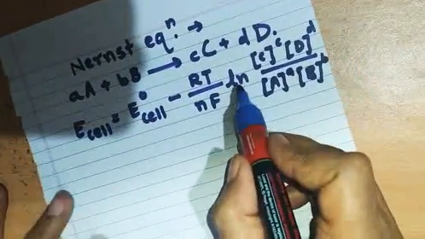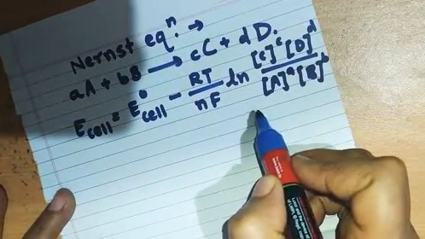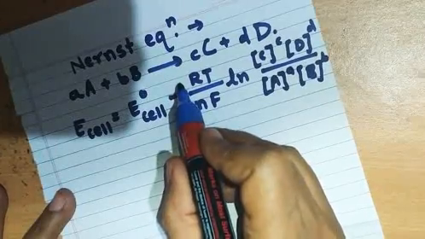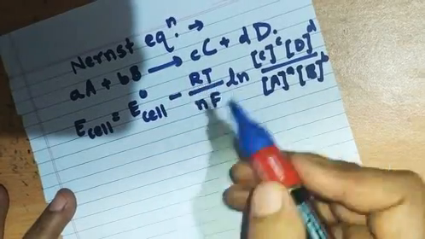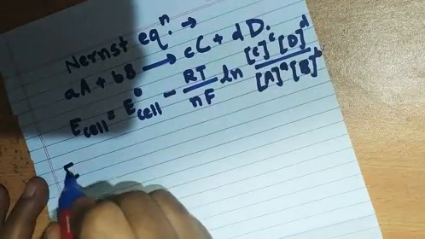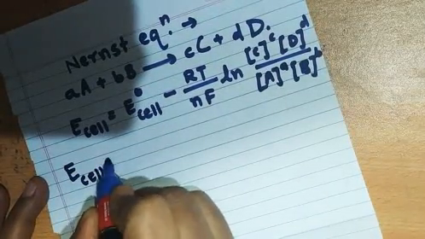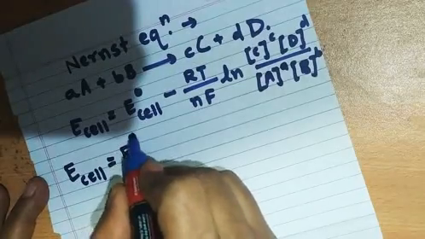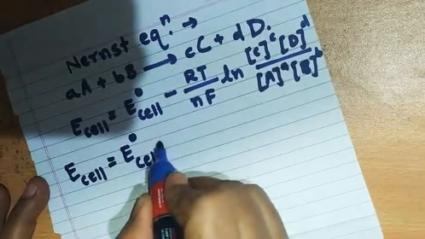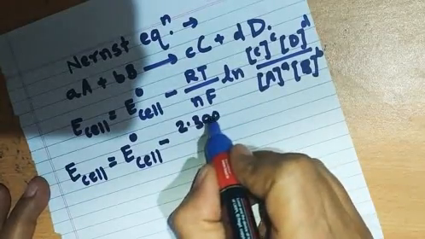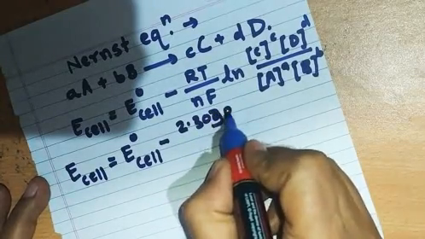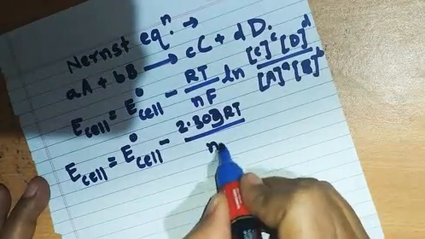If we have to convert this ln into log base 10, then we have to multiply by the value 2.303 to RT. Then the above equation is given as E cell is equal to E naught cell minus 2.303 RT by nF.